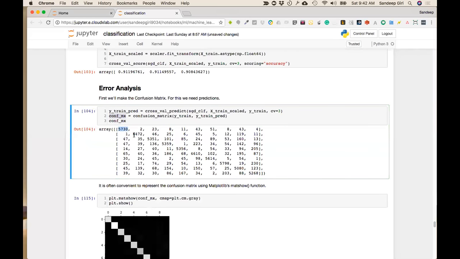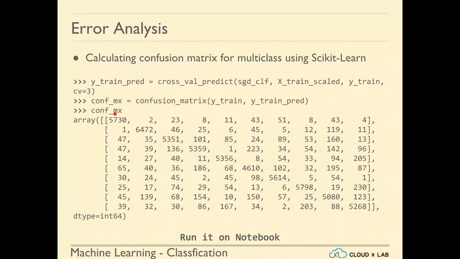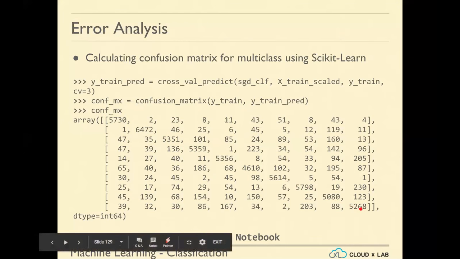You can see that on the diagonal we have got the best results: 1 identified as 1 are these many, 2 identified as 2 are these many, 3 identified as 3 are these many. The maximum numbers are on the diagonal.